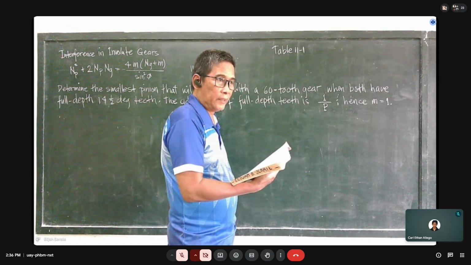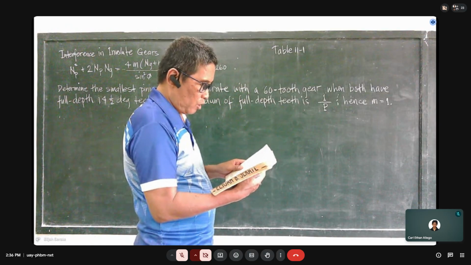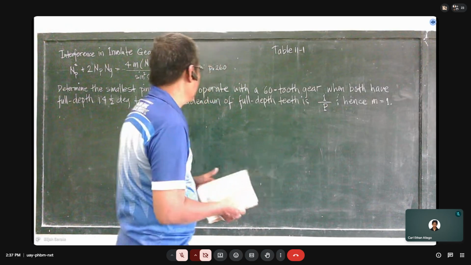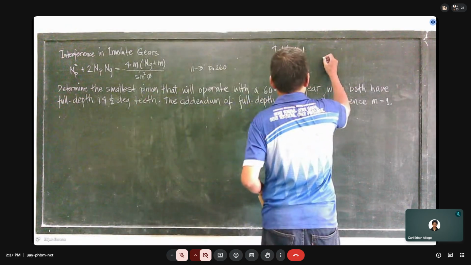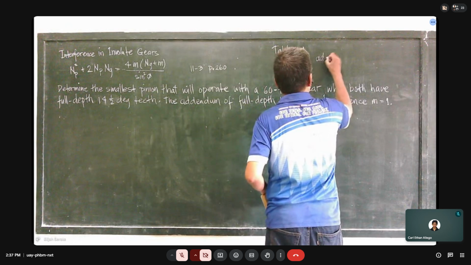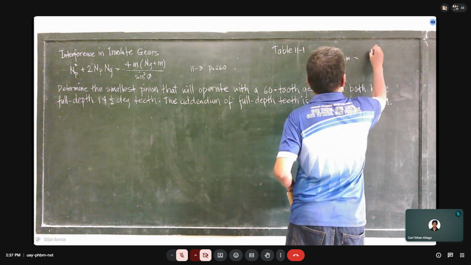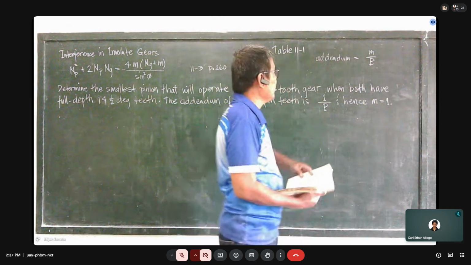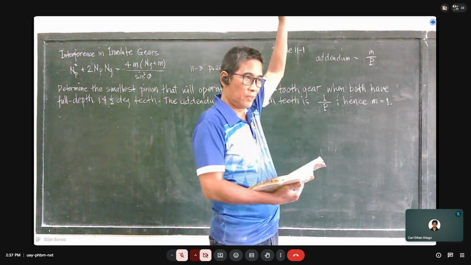Let the addendum height be expressed in terms of the diametral pitch, making the addendum equal to M/P. So if you look at that, addendum is M over P. So this M is actually the numerator of this fraction.